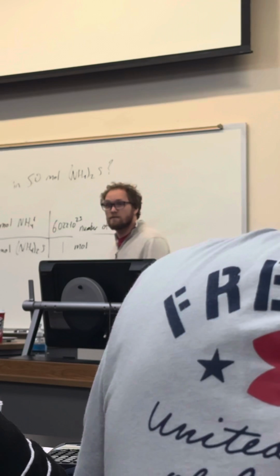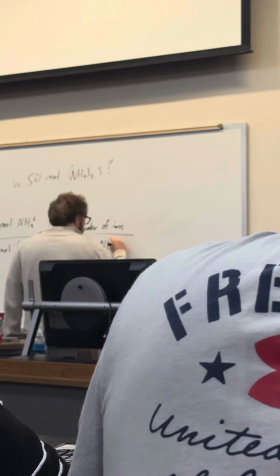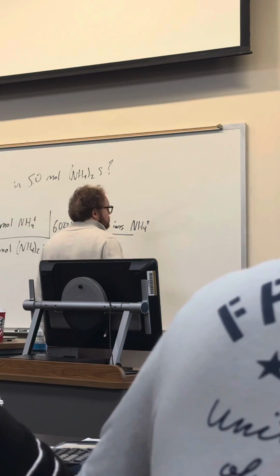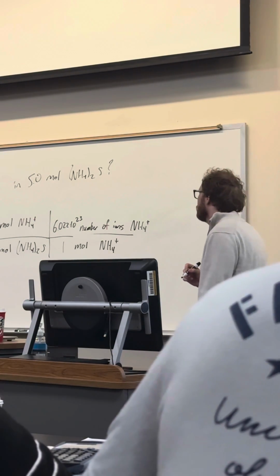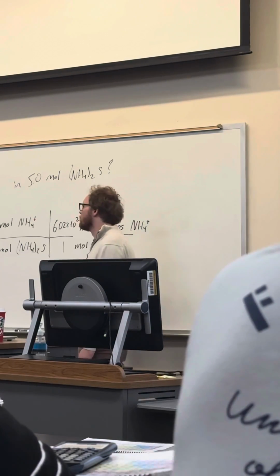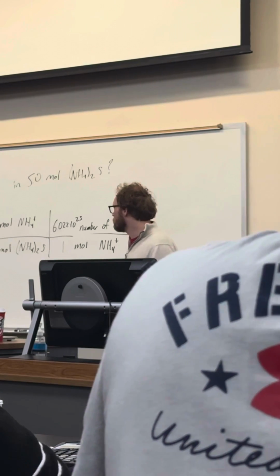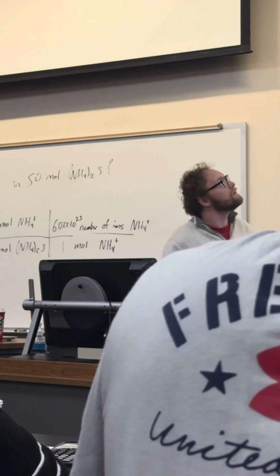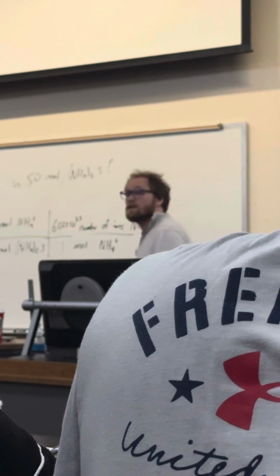Make sense? Now you always want to tell me what you're talking about, so moles of NH4 plus and ions of NH4 plus. Okay, multiply it through, what do you get? 5 times 2 times 6.022 times 10 to the 23rd. That's 6.022 times 10 to the 24th, since 2 times 5 is 10. The answer choice would be B. Does that make sense?